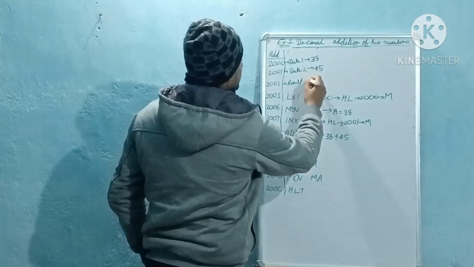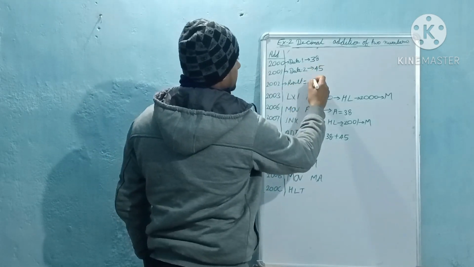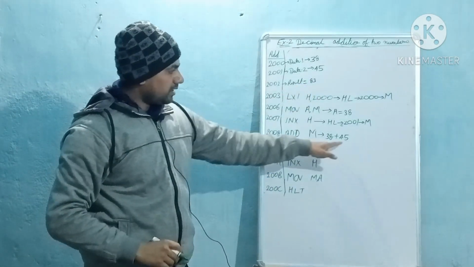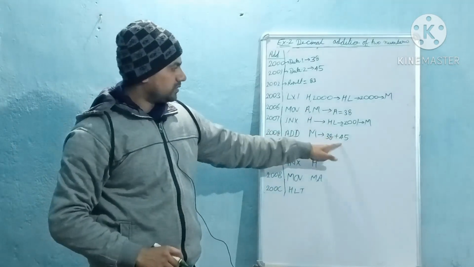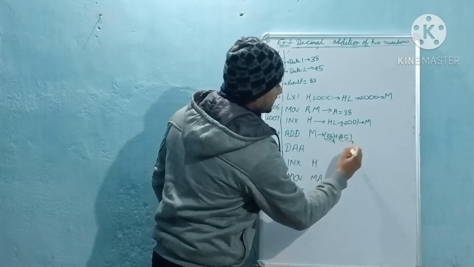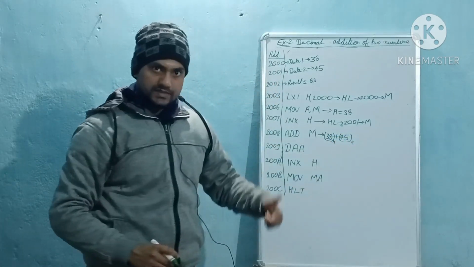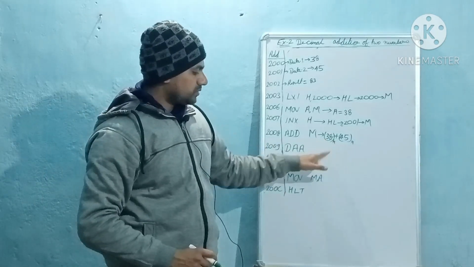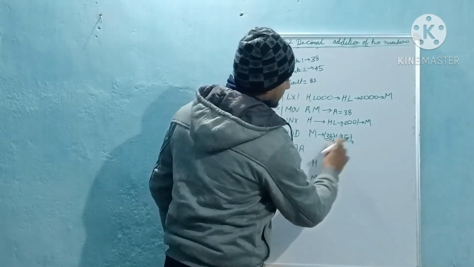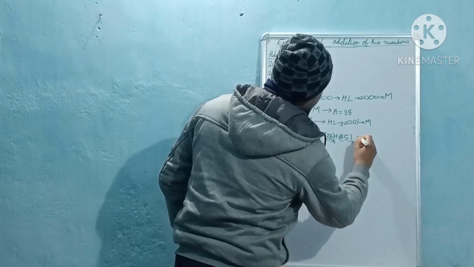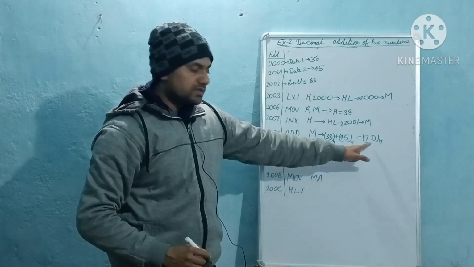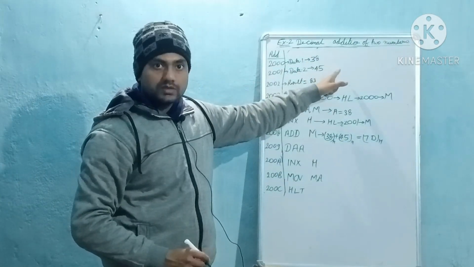The result should be 83 in decimal, but here we will not get 83, because these numbers are in hexadecimal. We have to add them in hexadecimal, and when you add them, you will get 7D in hexadecimal. 7D is not the decimal number, but we have to get the result in decimal.